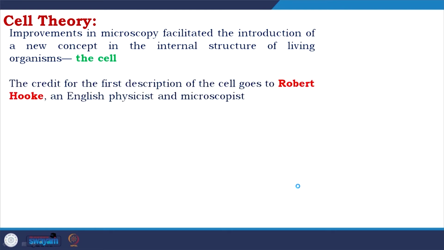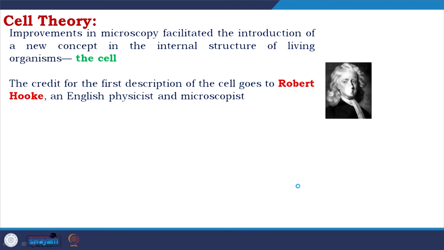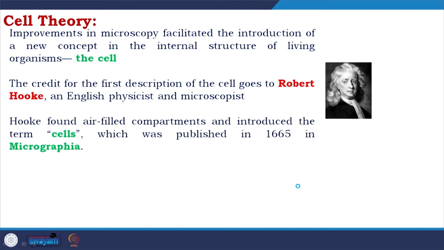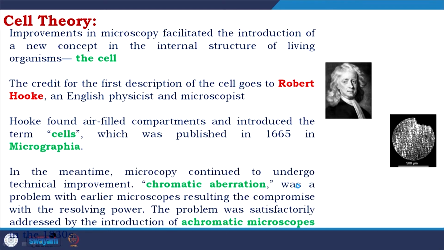The credit of the first description of the cell goes to Robert Hooke, an English physicist and microscopist. Hooke found air-filled compartments and introduced the term cell, which was published in 1665 in Micrographia. So, this is what he could see under the microscope.